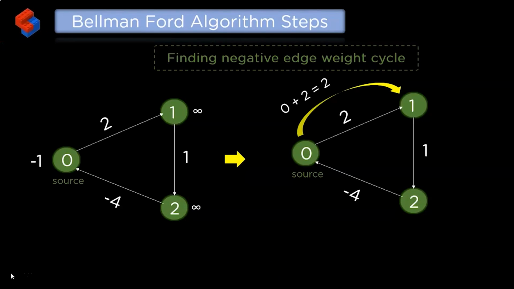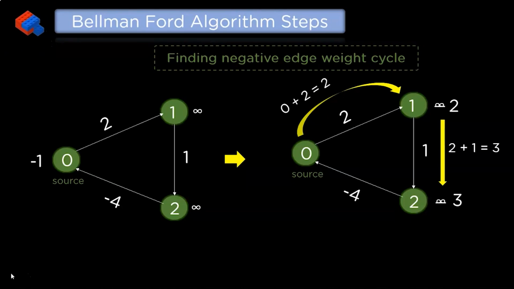So, the cost of 0 to 1 will be 0 plus 2, which is equal to 2. Because 2 is less than infinity, we will replace infinity by 2. Now, from 1 to 2, the cost will be 2 plus 1, which is 3, which is less than infinity, so we will replace infinity by 3.